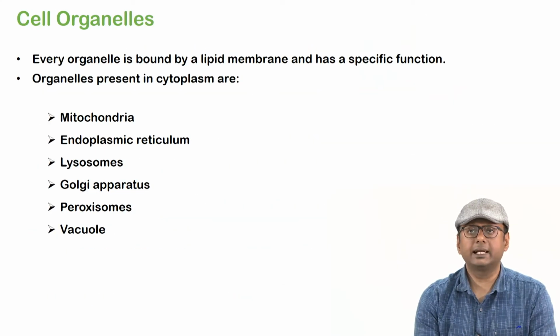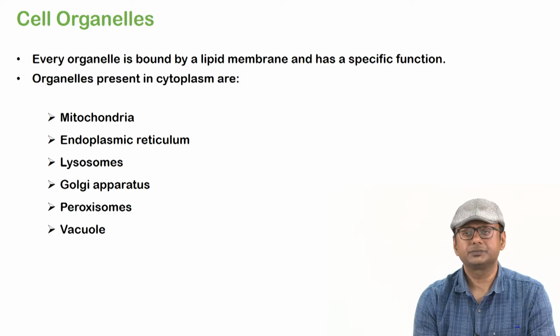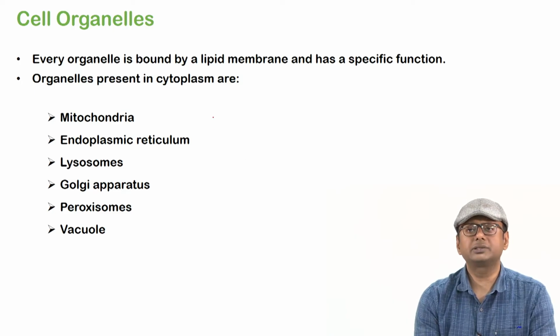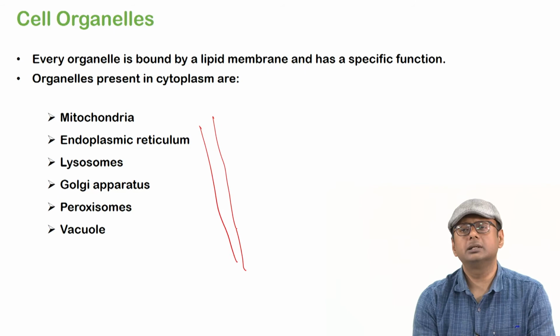And then next is cell organelles. So what different types of cell organelles are present in our cell? One by one, let us see. We have mitochondria, which is the powerhouse, it produces energy in the form of ATP.